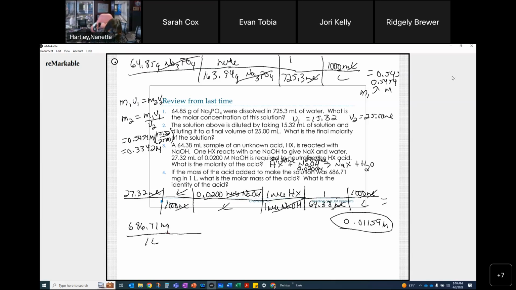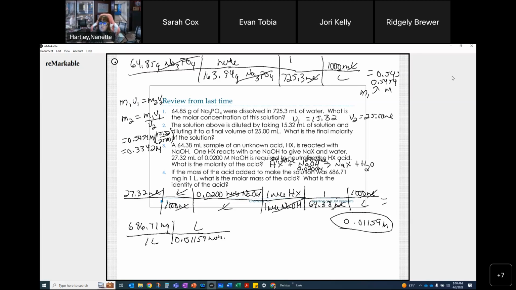So that's moles per liter. So I can look at this and say, all right, I can get rid of the liters. If I divide by the 0.01159 moles per liter. Now, why did I do that? Because I wanted to get rid of the liters. That's all I'm doing. And that gives me a milligrams per mole. And in my head, something clicks when I do that.